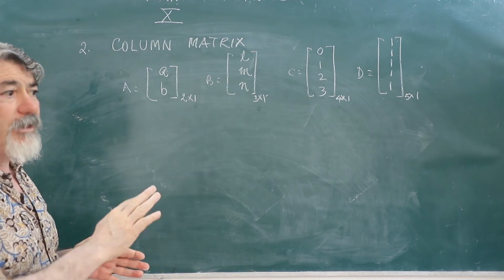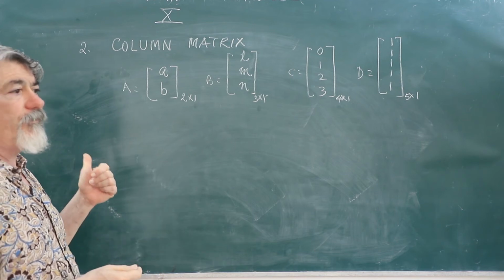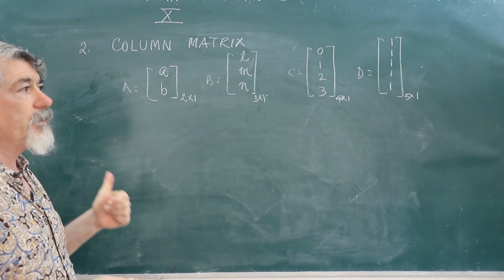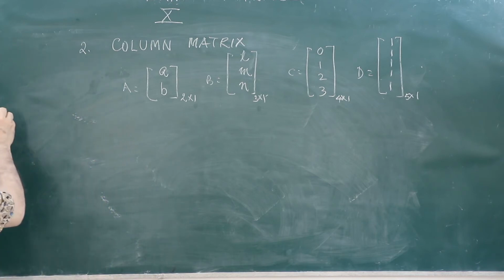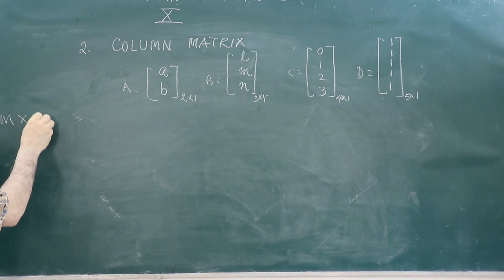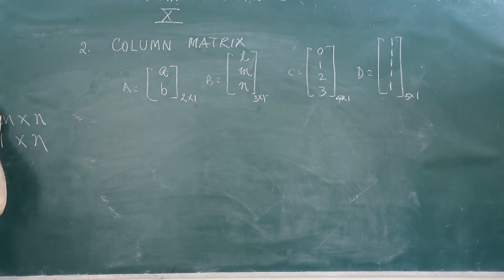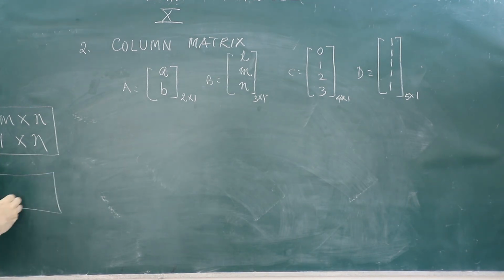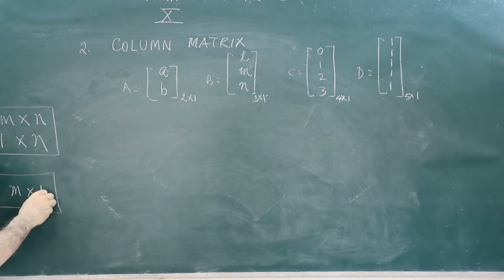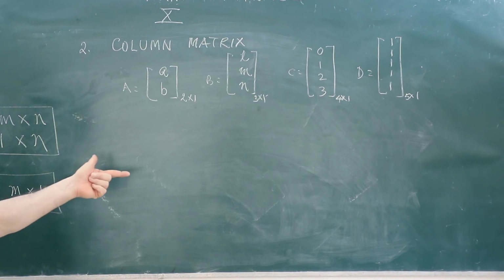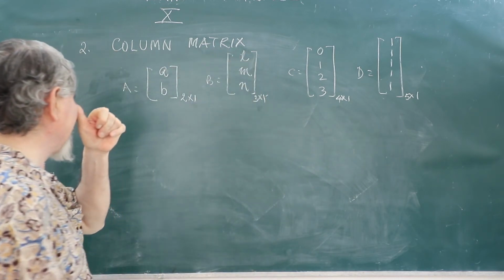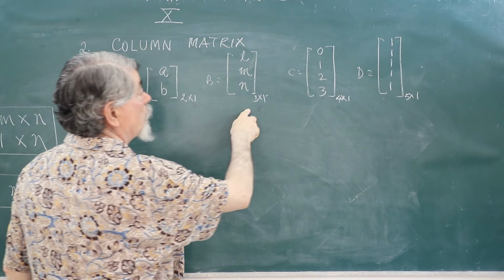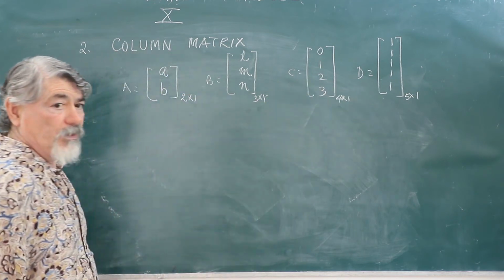In the row matrix the order was 1 by n; for a column matrix it becomes m by 1. Only the number of rows differs.